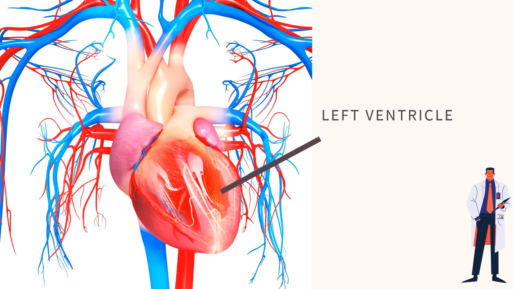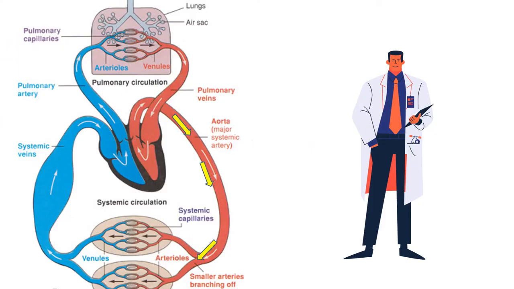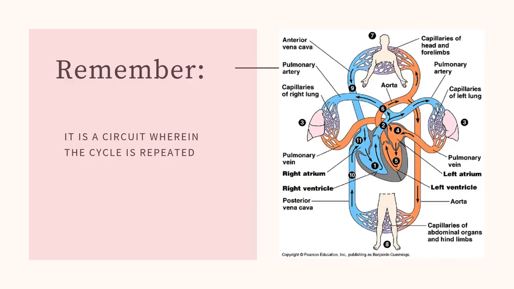Following exchange in the systemic capillaries, oxygen and nutrients move out of the capillaries, and carbon dioxide and wastes move in. Blood returns into the right atrium and the cycle is repeated. Just remember, in blood circulation, it is a circuit wherein the cycle is repeated.